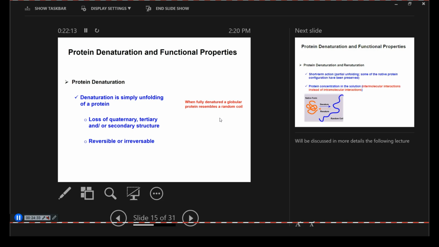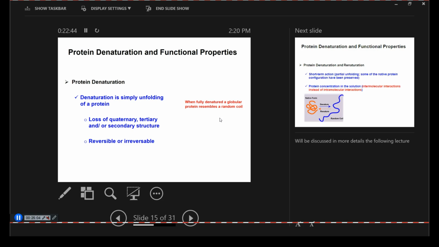So denaturation can occur at a quaternary level. It can occur at a tertiary level, where we are unfolding one subunit, one particular protein unit. Or it can occur at a secondary structure, so changing of beta sheets to random coil, or conversion even of an alpha helix to beta sheet. That's also a denaturation. That's also changing the native structure of the protein.